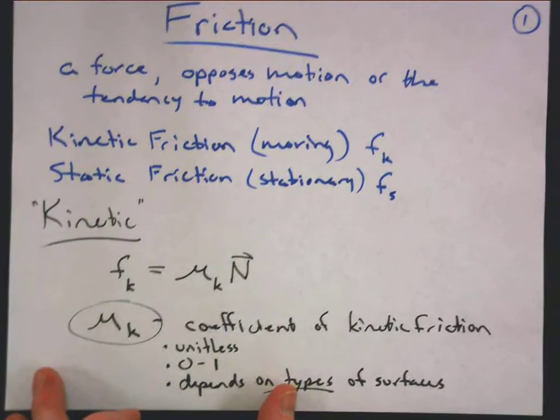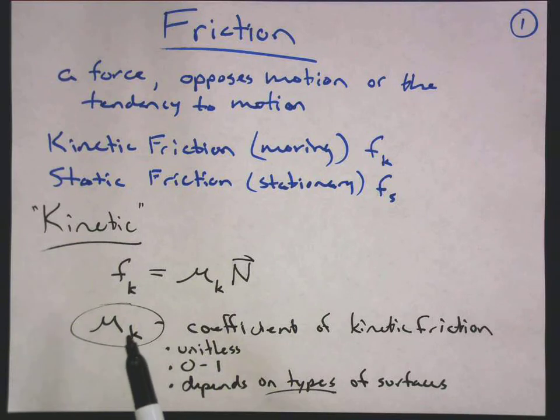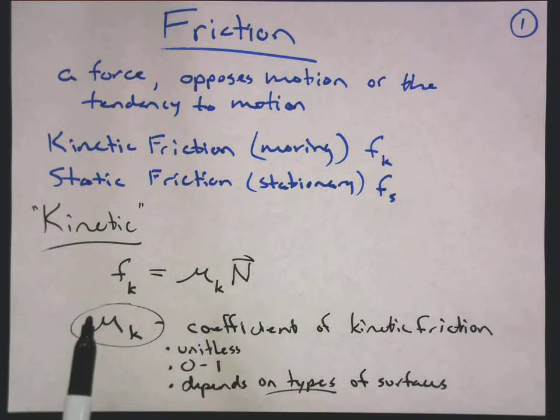These things could be sliding slow or fast, and the coefficient of kinetic friction will be the same. It also does not depend on the amount of surface area in contact, which may be a little counterintuitive, but it doesn't. So having more or less surface area in contact does not change this coefficient, and therefore, if that were the only difference, you would have the same amount of kinetic friction force as well.